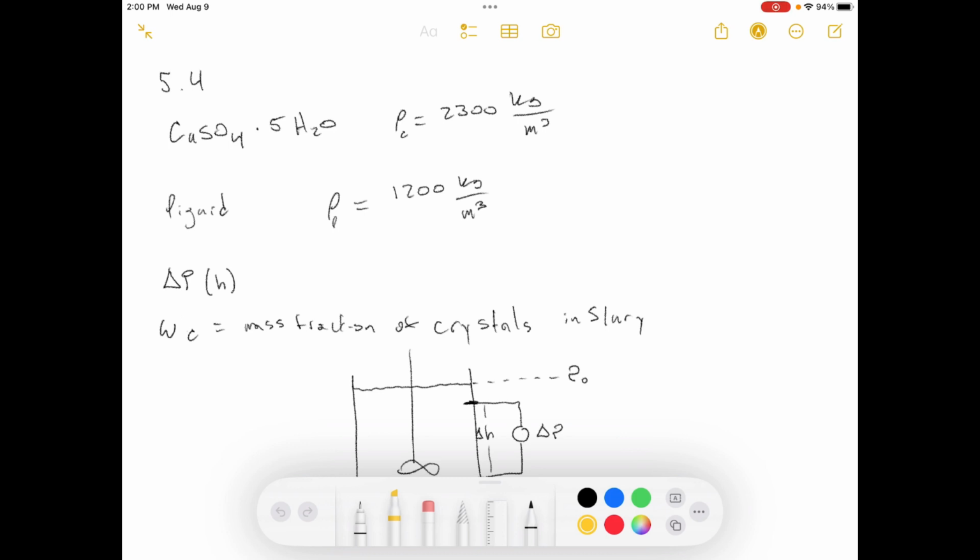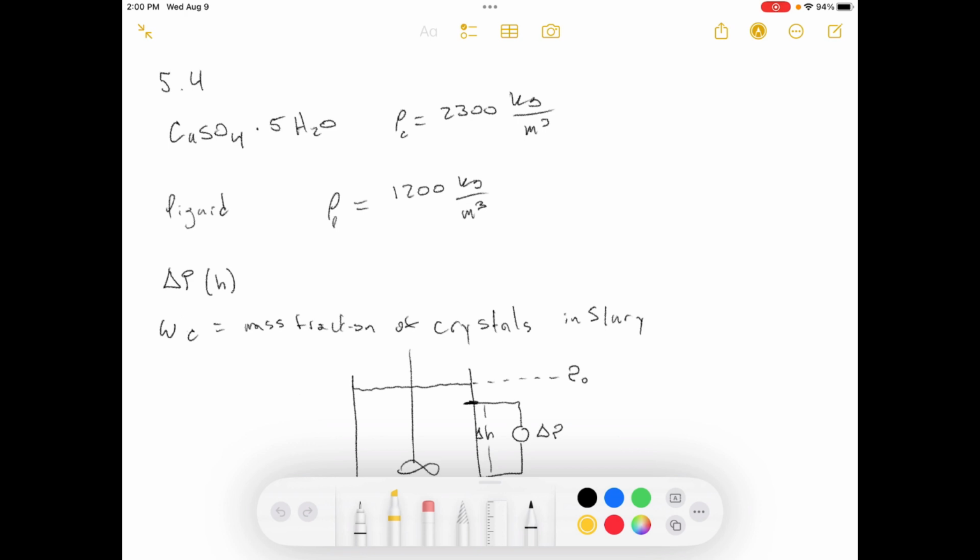Today we're working out of Elementary Principles of Chemical Processes, 3rd edition, and we're doing problem number 5.4. A slurry contains crystals of copper sulfate pentahydrate with a specific gravity of 2.3, suspended in an aqueous copper sulfate solution. The liquid specific gravity is 2.2.